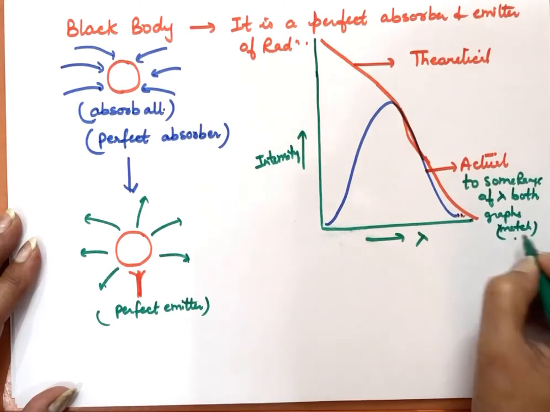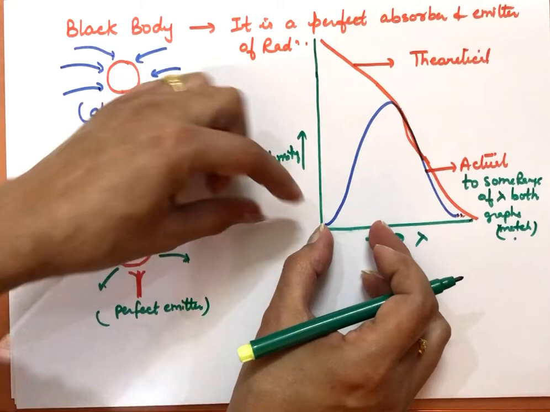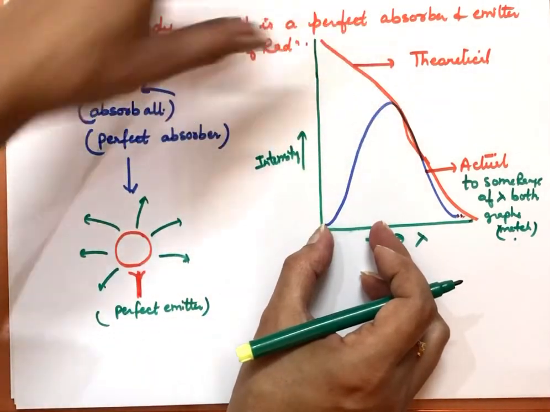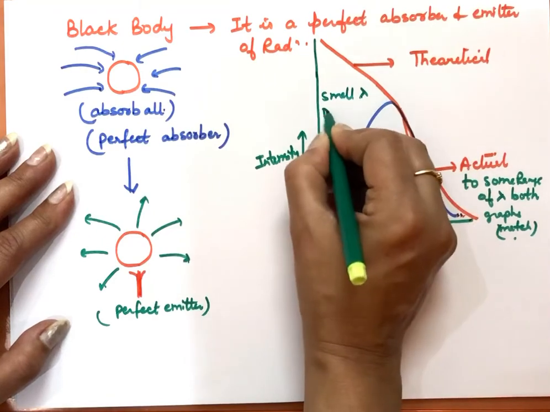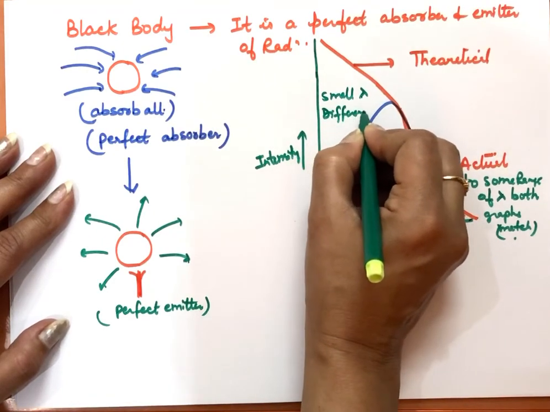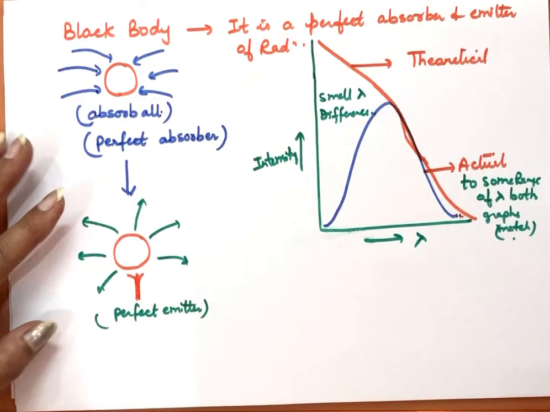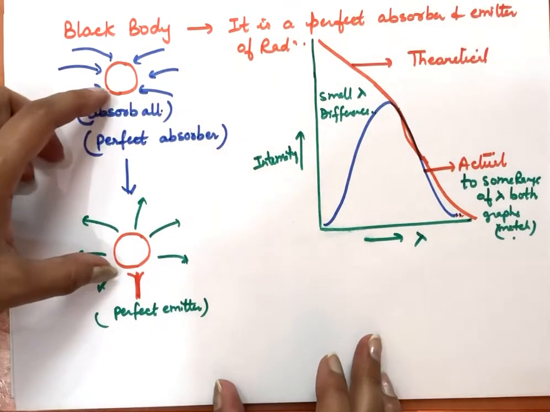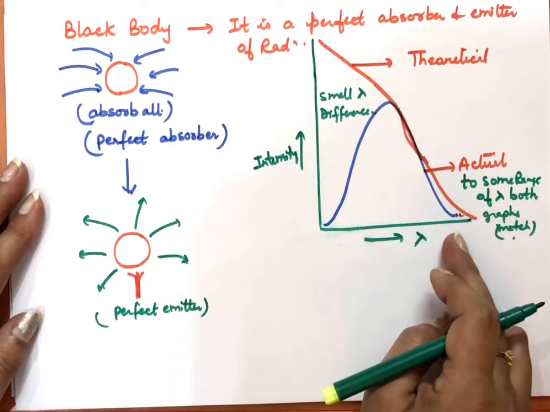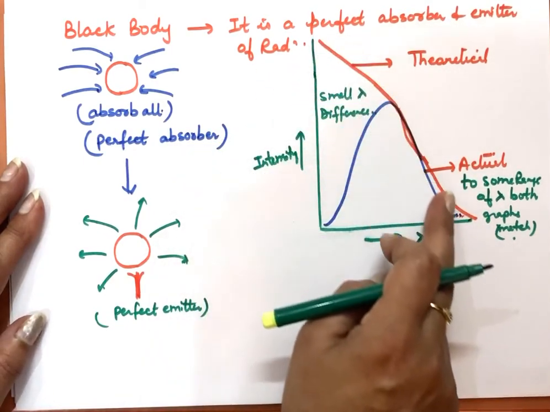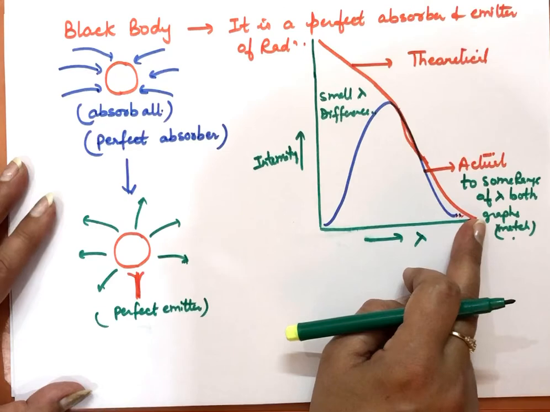But where the wavelength is less, the graph is different. For small wavelength there is a difference. So why is this difference coming? This is also matter only, so all bodies should behave in the same manner and we should get this kind of graph. Why in the black body are we getting a different kind of graph?